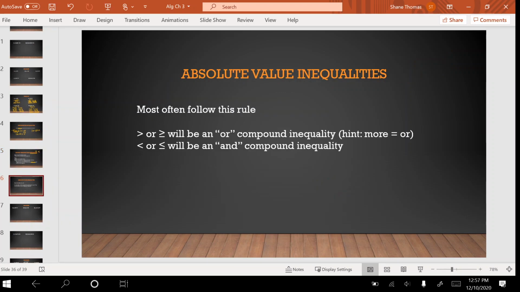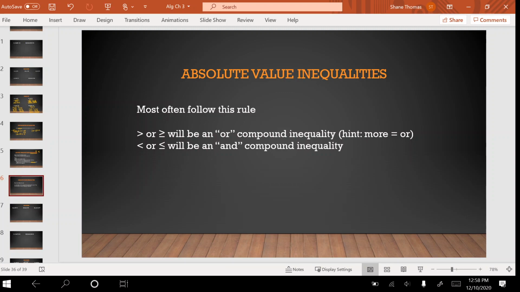Now here's the other little bit too. This isn't really that important. This is just something that helps you a little bit when you graph them. Most often it follows this rule. If it's greater than or greater than or equal to, it's going to be an or compound inequality. If it's less than or less than or equal to, it will be an and compound inequality. Remember, ors go apart, ands come together.